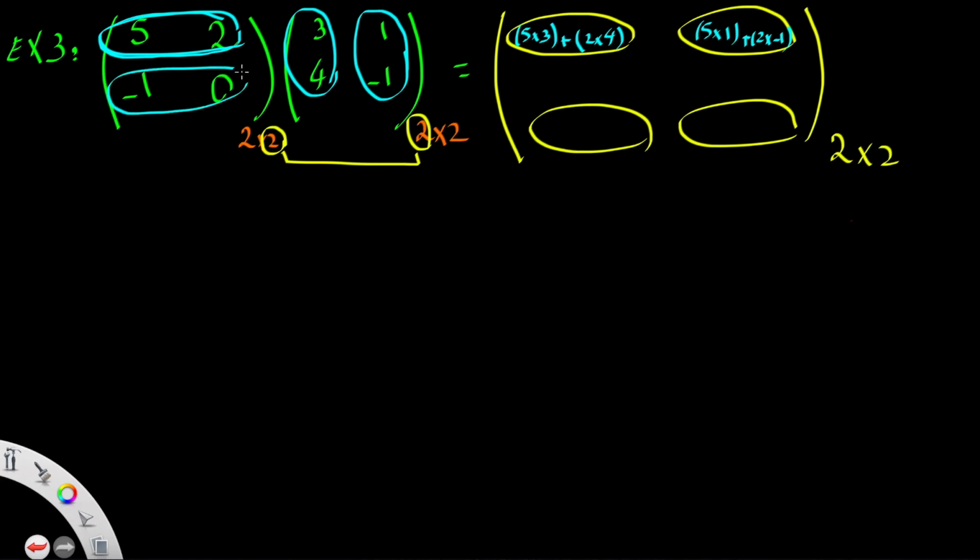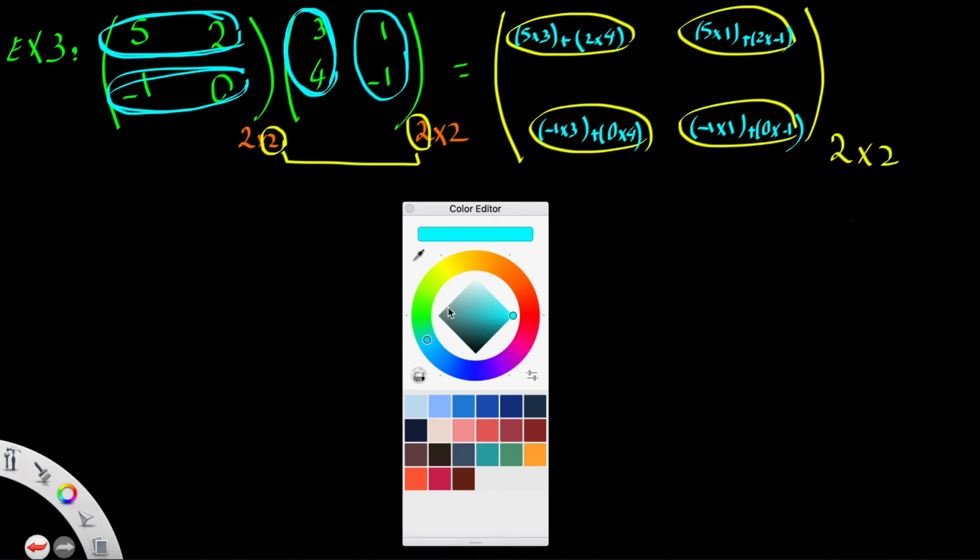So the second row is multiplied by the first column. So minus 1 times 3 plus 0 multiplied by 4. And here, second row, second column: minus 1 is multiplied by 1 plus 0 times negative 1.